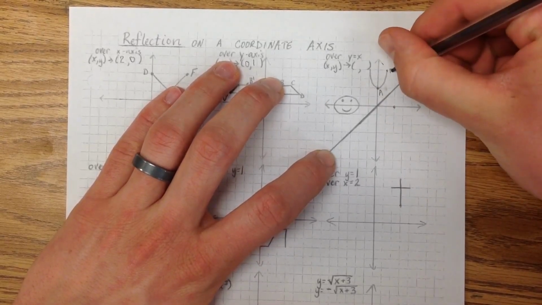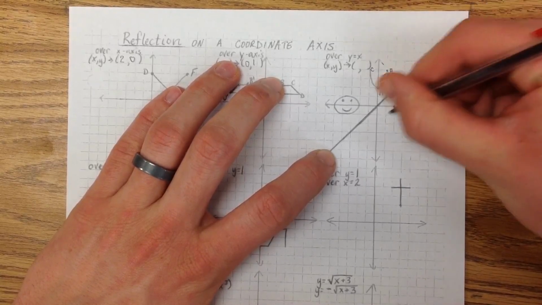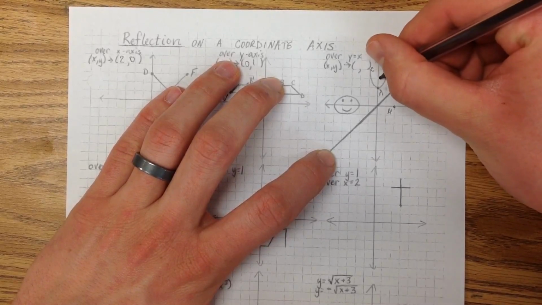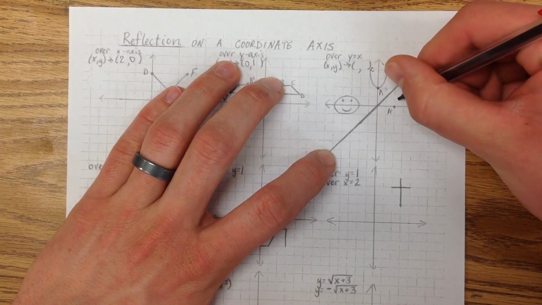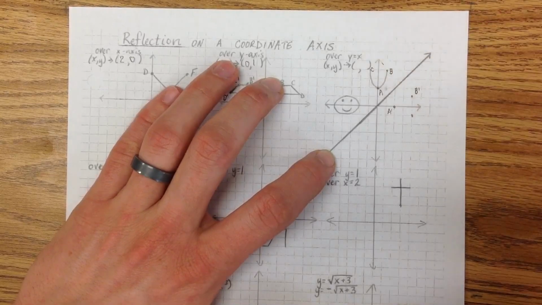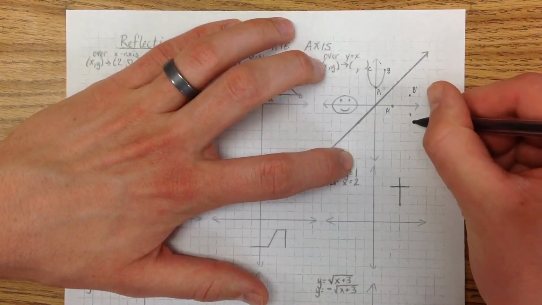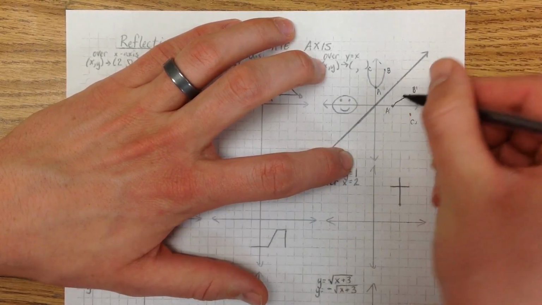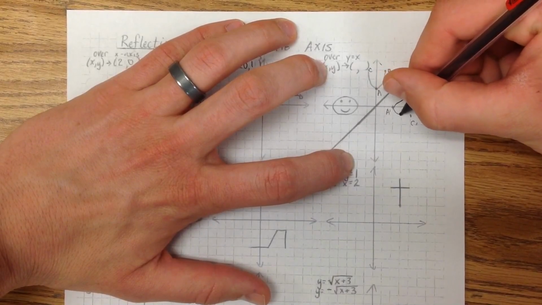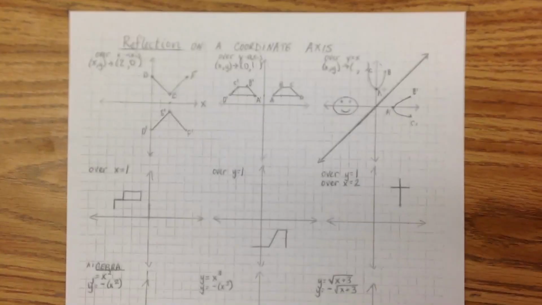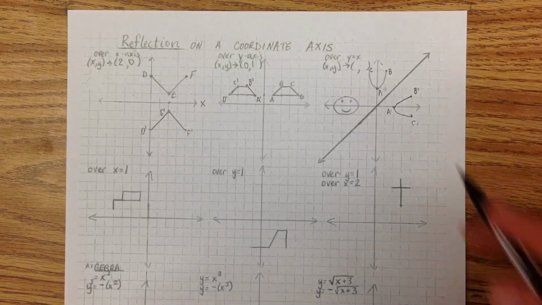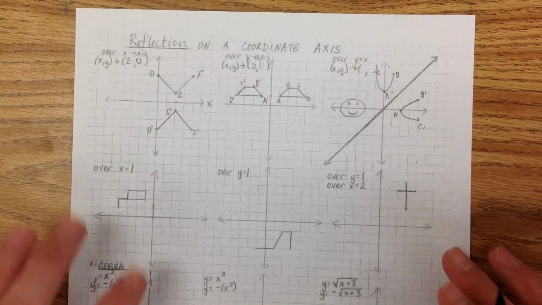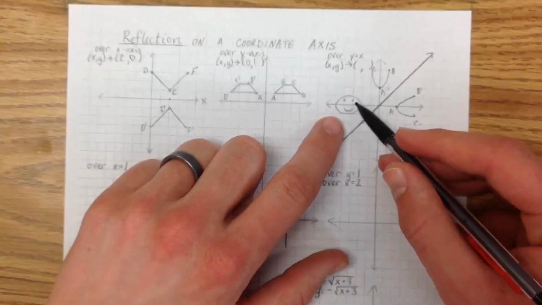Call this B. Call this C. So this is A prime, B prime. And C is 1, 2.5, so half, 1, 2. And that's C prime. So it looks something like this when you reflect it over the line y equals x.